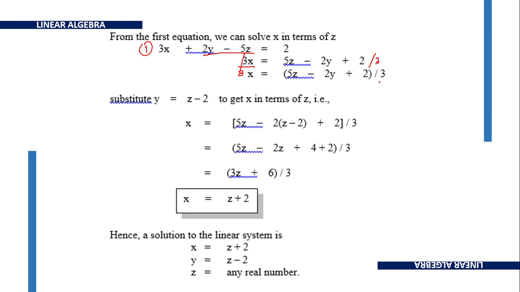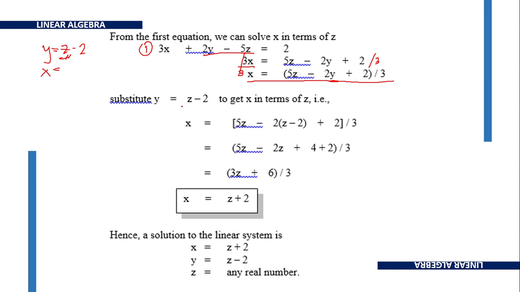Okay. After that, since meron na tayong value ng x, and meron na tayo ng value ng y, we can substitute the value of y here. Ayan. So, ang x natin is in terms of z. Kasi, di ba yung y natin kanina is equal to z minus 2. So, ang y natin in terms of z, then dapat yung x in terms of z pa din. Paano siya magiging in terms of z?